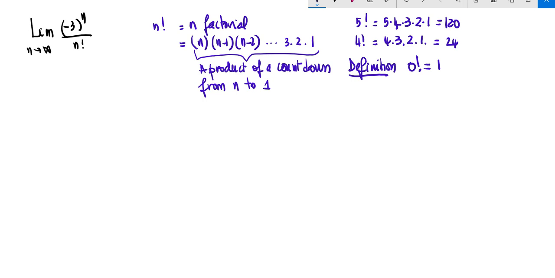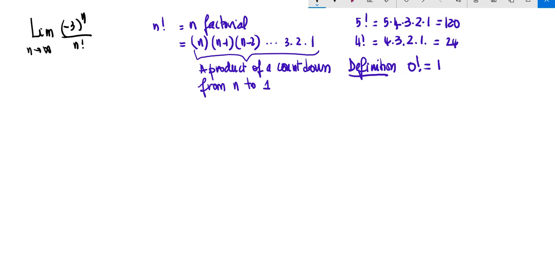And now we would like to compute the limit of this thing as n is getting bigger and bigger, and we will appeal to the previous theorem and see whether it can help us. The previous theorem tells us that if we can prove that the limit of the absolute value of the sequence goes to 0, then that sequence must be going to 0.